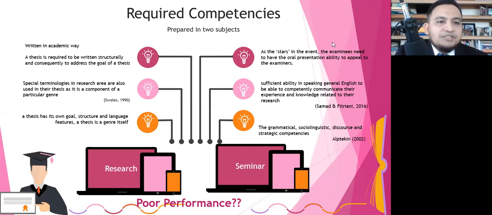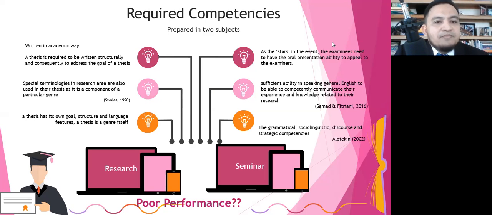So the students are required to be able to write a thesis structurally and consequently to address the goal of their research project in the thesis. And the students are informed and taught about special terminologies in research area.